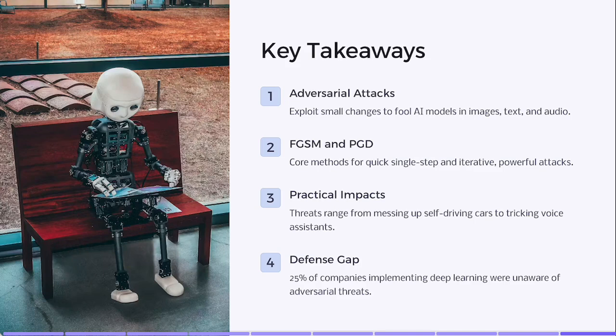Defense techniques like adversarial training and robust architecture can mitigate, but not always eliminate, the threat. A survey by Microsoft found that 25% of companies implementing deep learning were unaware of adversarial threats, indicating a significant gap in defensive measures. We can do better by staying informed and proactive.